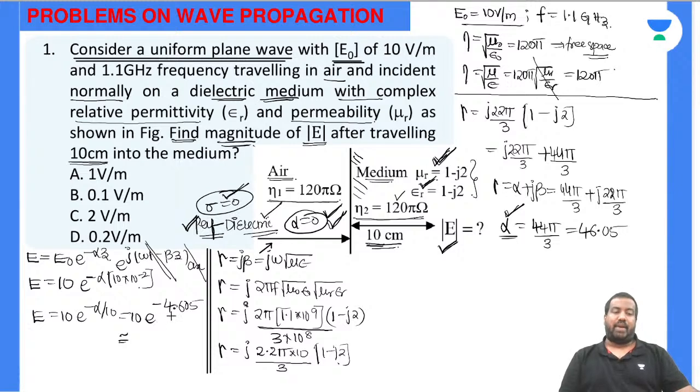This will be 0.01 into 10, 0.1 approximately. To be more clear, it is 0.0999, approximately 0.1 volt per meter. Option B is the answer.